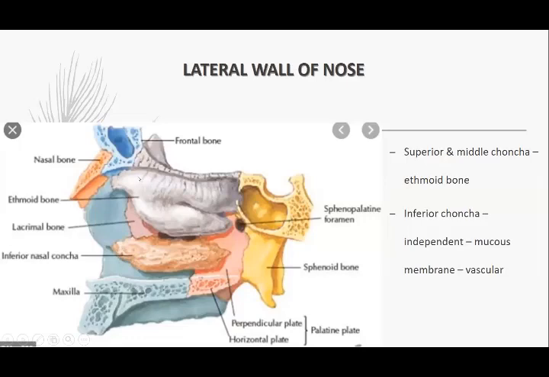The reason is that the superior meatus and the middle meatus together are part of the ethmoid bone. I repeat once again, the superior and middle meatus are part of the ethmoid bone. The inferior meatus is an independent bone, not a part of any bone.